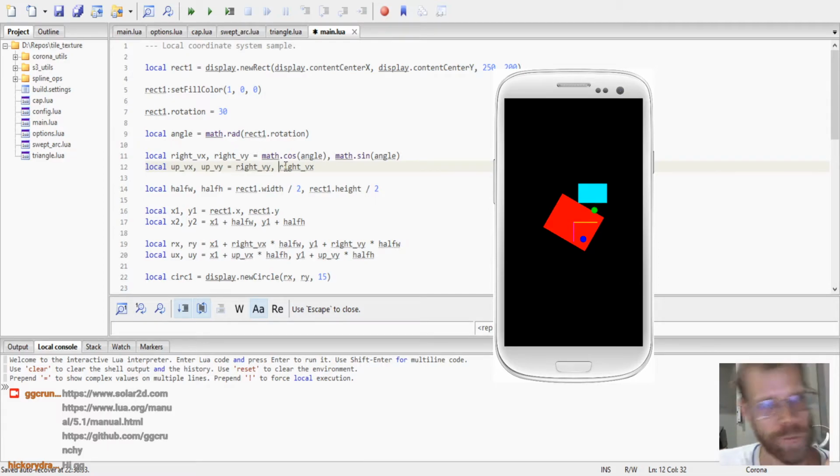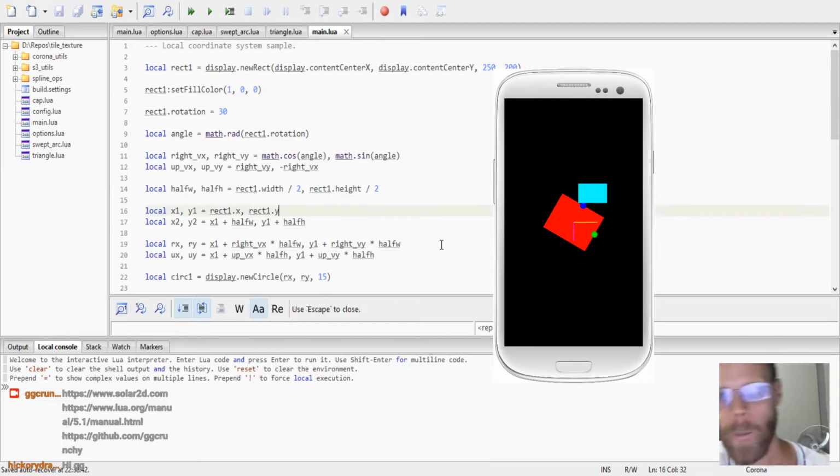If we want to think of that as up, maybe we should do the correction here. Yeah, I think that'll do what we want. So the points are where we expect them to be.